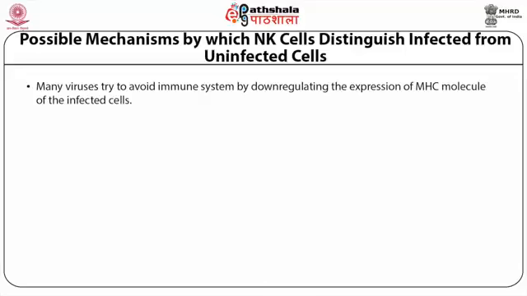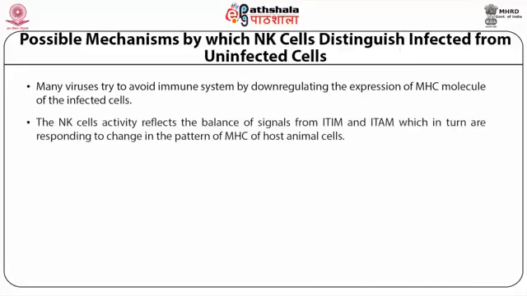Many viruses try to avoid immune system by downregulating the expression of MHC molecules of the infected cells. How and why this may work will be clearer only when we discuss MHC molecules in a later module. NK cells detect this via KIRs and kill such infected cells. This is so important that even some T cells may also express some KIRs after activation.